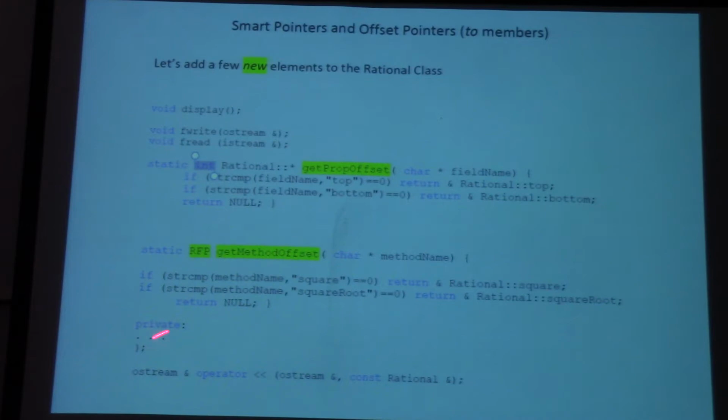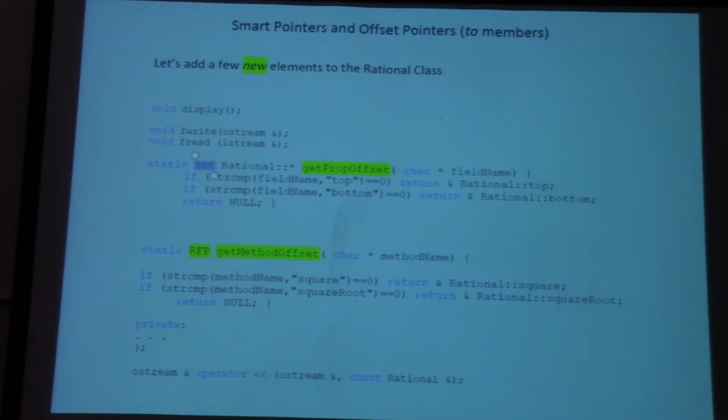And then we finish off with the private data. And of course, what are the properties that we have? They're called top and bottom, right? Top and bottom. So that's what this getPropOffset returns. GetPropOffset, rather than give me the name of the method, I'm going to send it the name of the property, which sometimes is referred to as a field. So if I send you a field, I'm going to do the same thing.